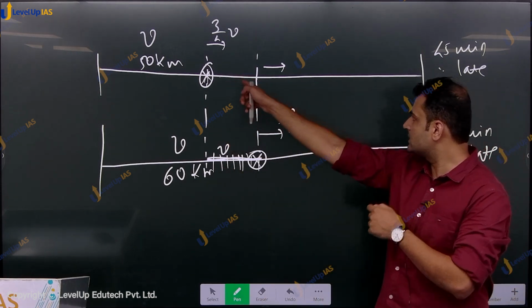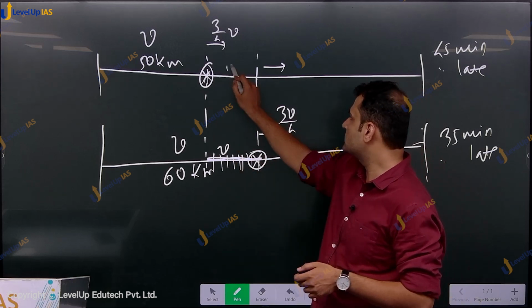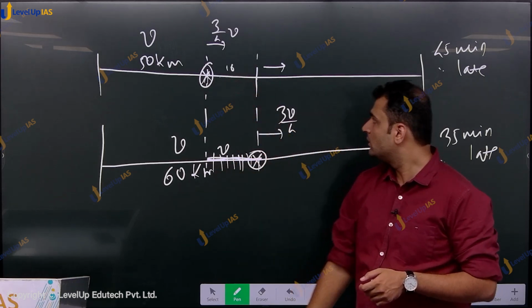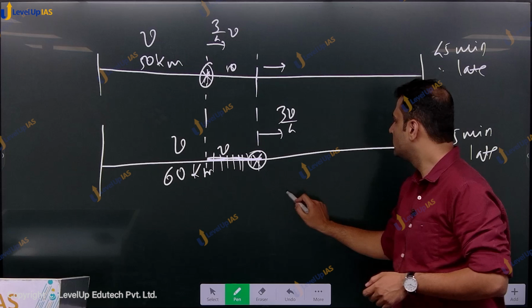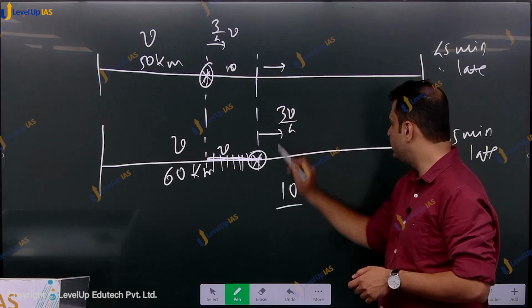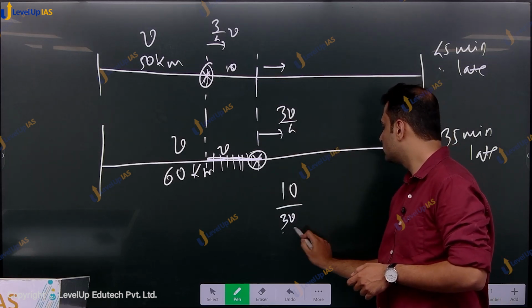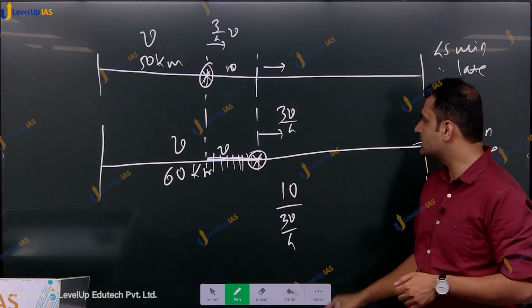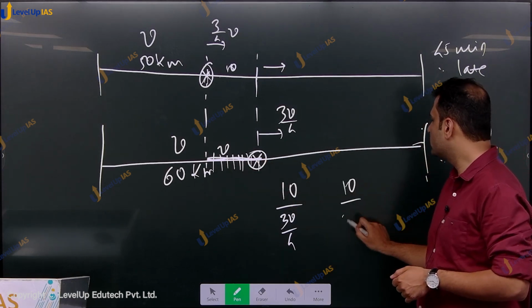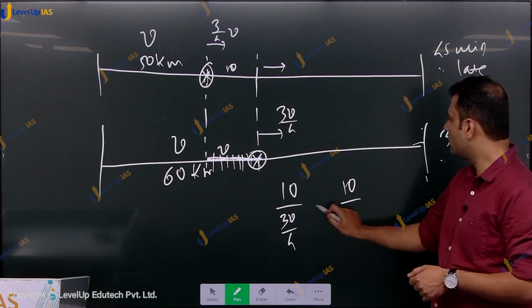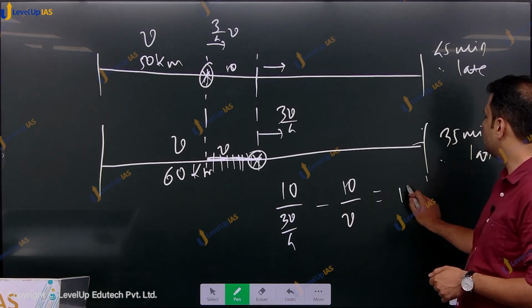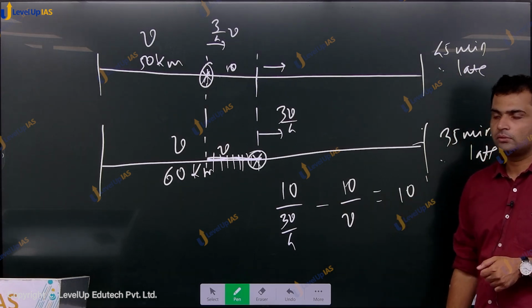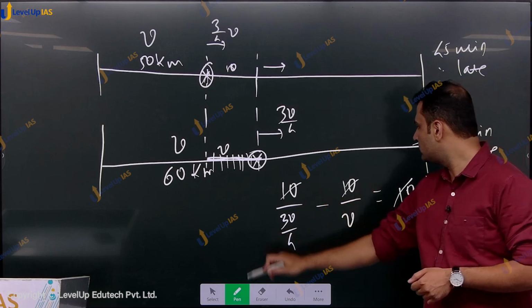So in the first case, this is 10 kilometers that we already know, 60 minus 50. Time taken is distance divided by speed. And in the second case, time taken is also distance divided by speed. And what we know is the difference between them is 10 minutes. So 10 gets cut.